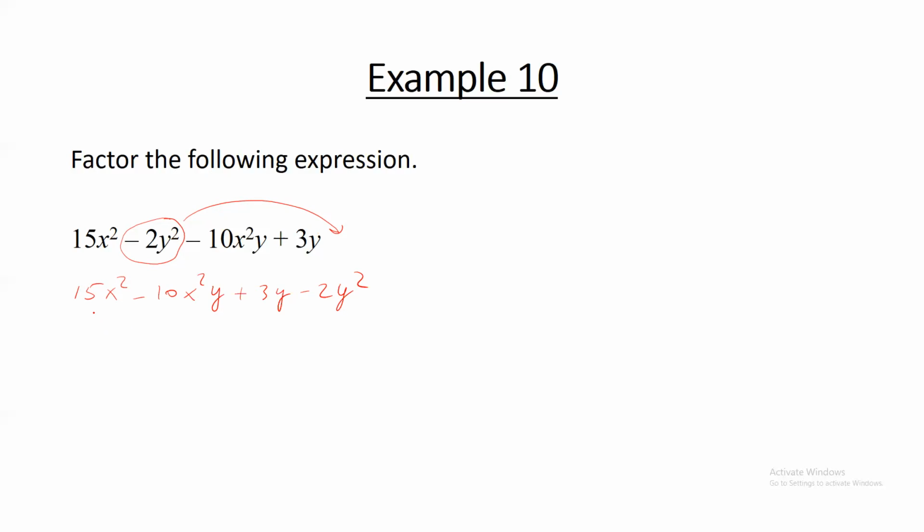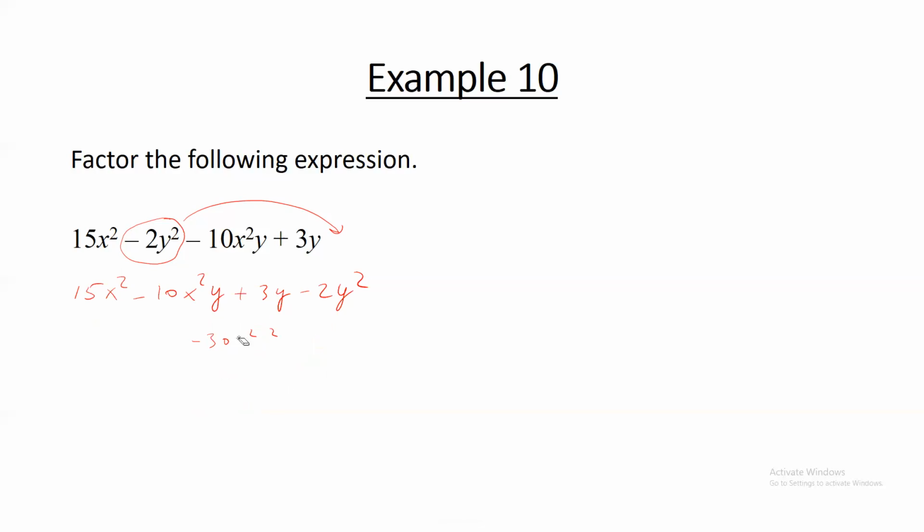Now notice if we check our product, the outer product is negative 30x squared y squared, and so is the inner one, right? Negative 30x squared and y times y, so they are the same. It worked.